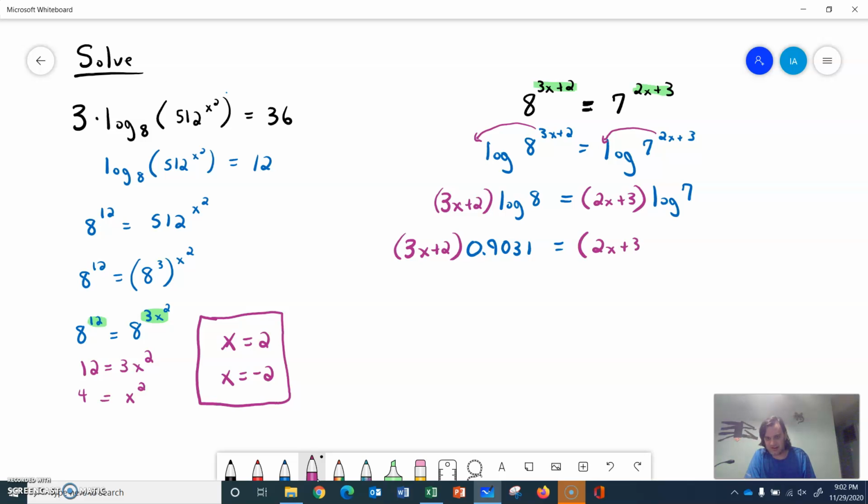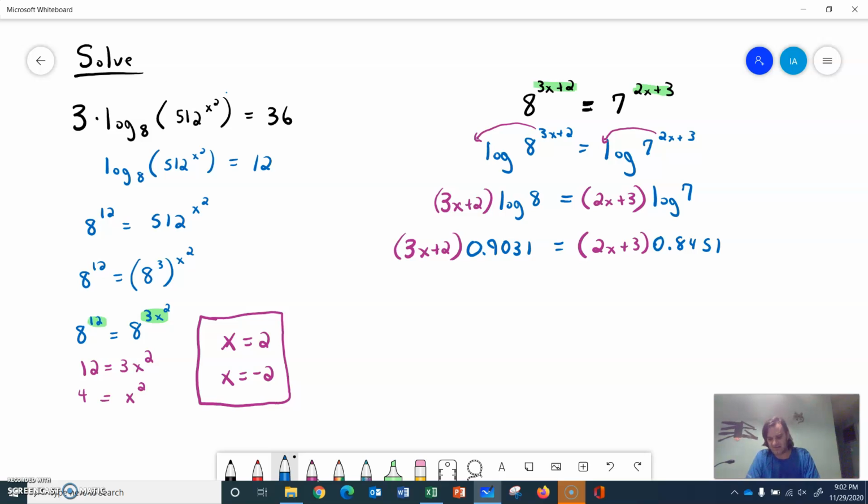And that'll be equal to 2x plus 3 times whatever the log of 7 is, times 0.8451. So at that point, I can distribute these in here and start moving stuff around.